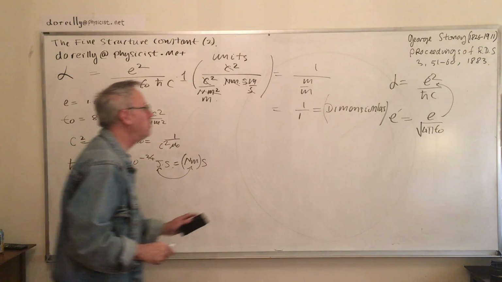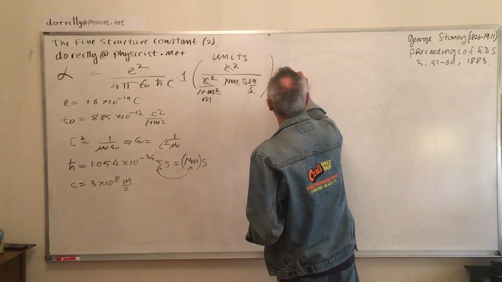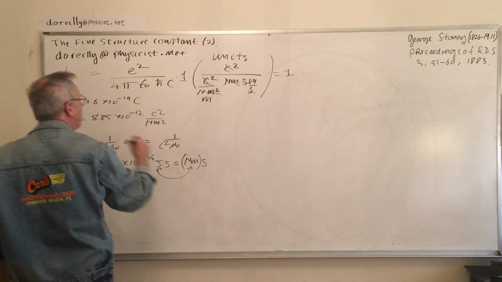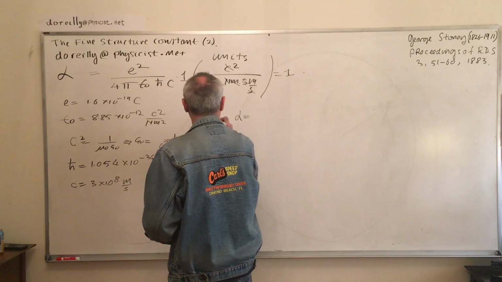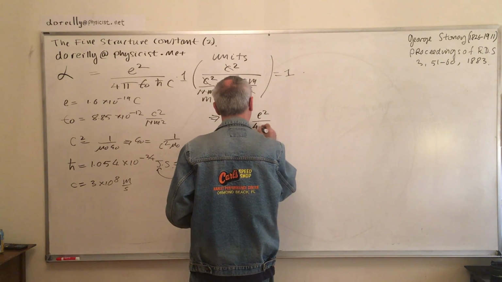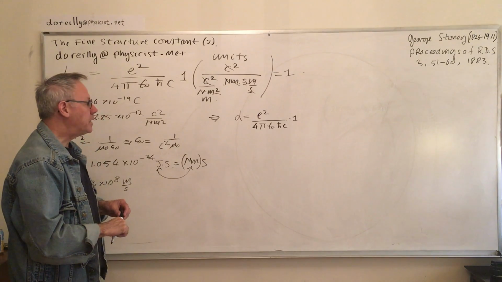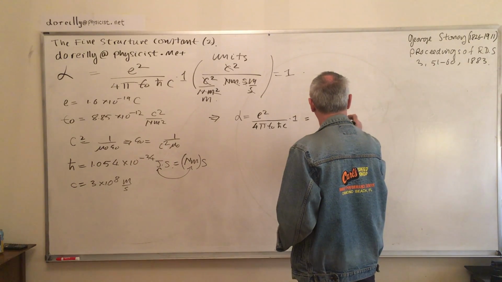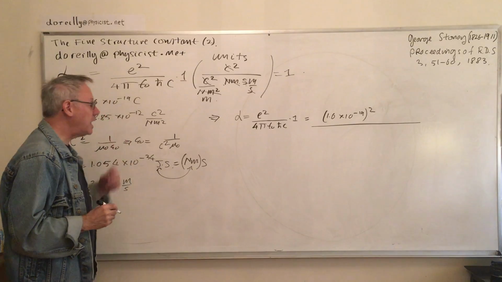Now the next thing is we put in the numbers. Alpha is going to be e squared over 4 pi epsilon 0 h cross c, with just 1 as the units. On the top we have 1.6 times 10 to the power minus 19, squared.